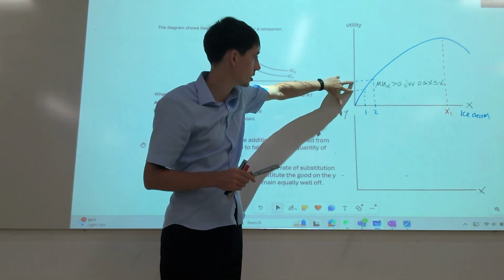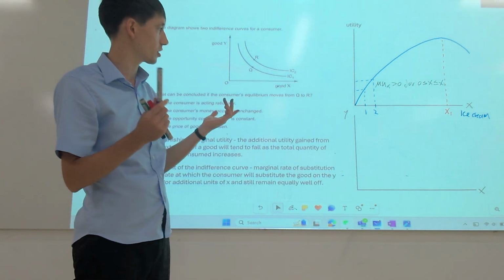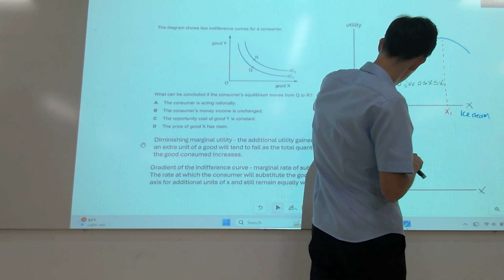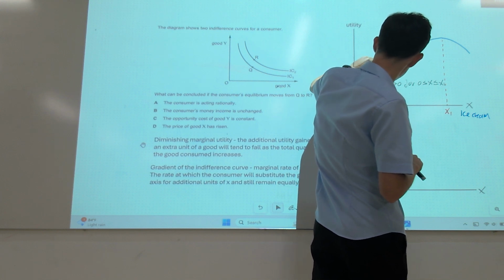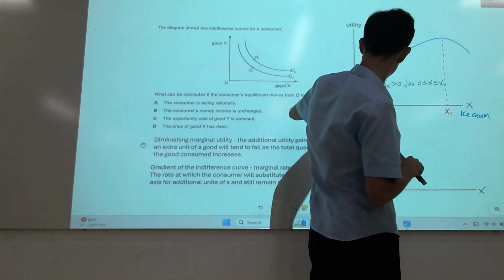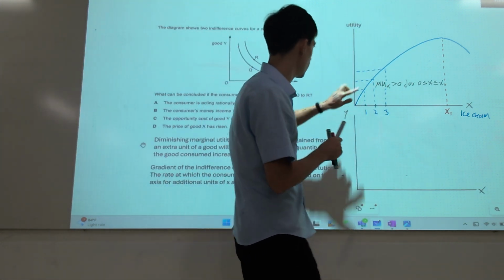So the marginal utility of the second ice cream is clearly less than the marginal utility of the first ice cream. We can do the same for the third ice cream. We can see that the total utility increases by even less, relatively speaking.